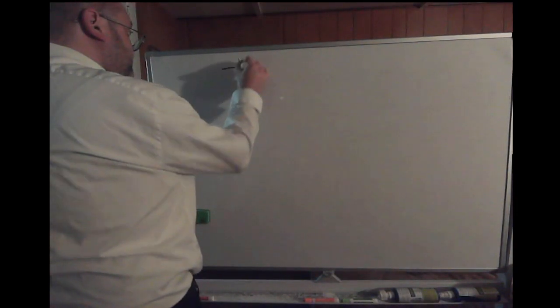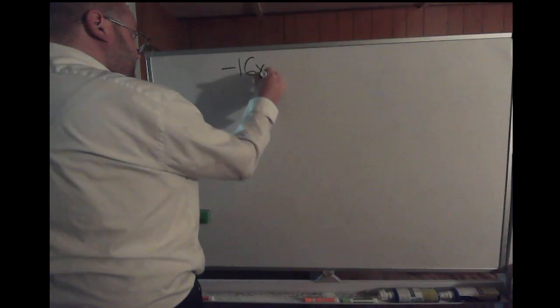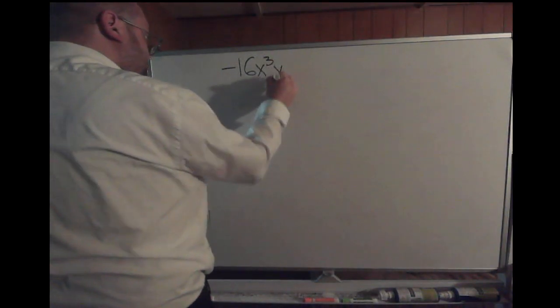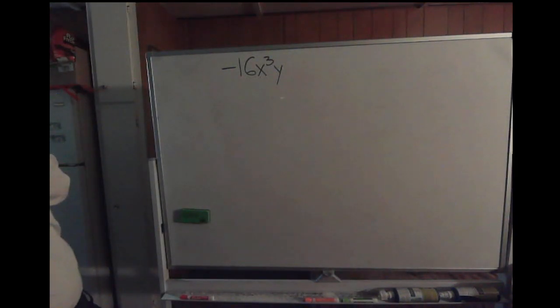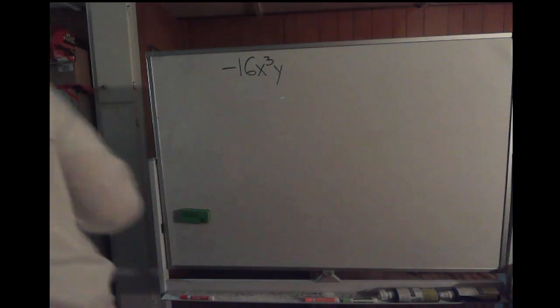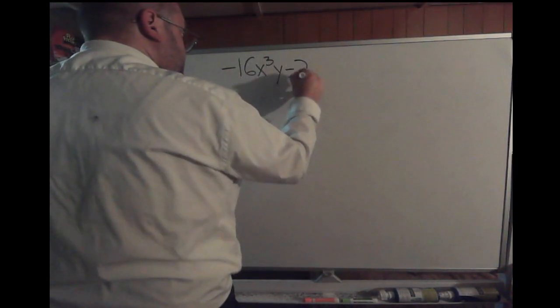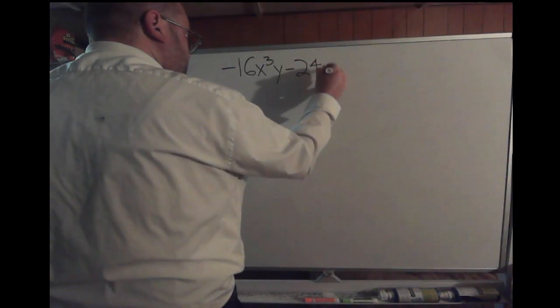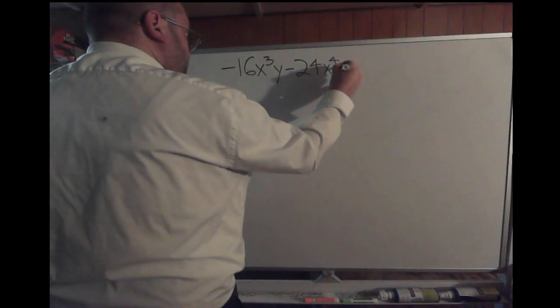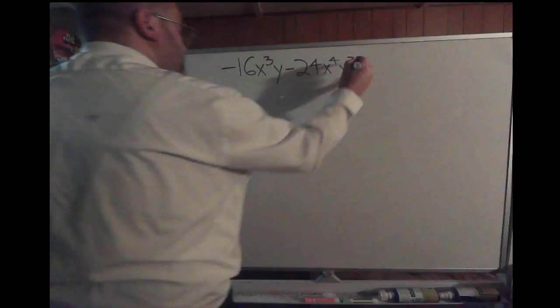Alright, negative 16x cubed y minus 24x to the fourth y to the third.